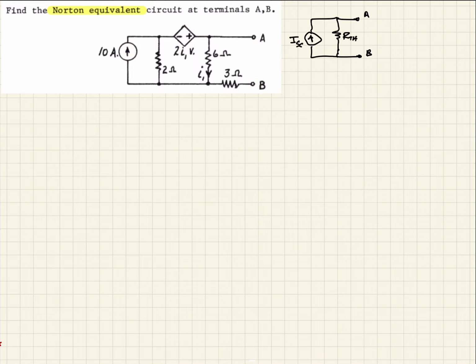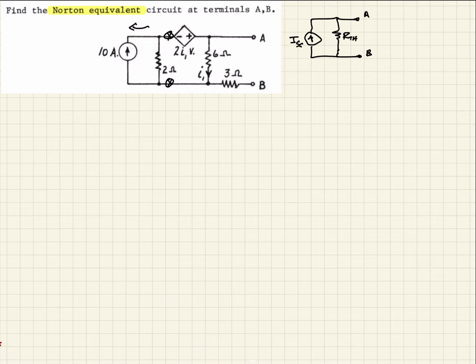So the first thing we want to do is we look at, from these 2 points here, looking this way, we have a current source in parallel with a resistor. And so with that, we can do a source transformation, which means when we have a current source in parallel with a resistor, we can replace that with a voltage source in series with the resistor.